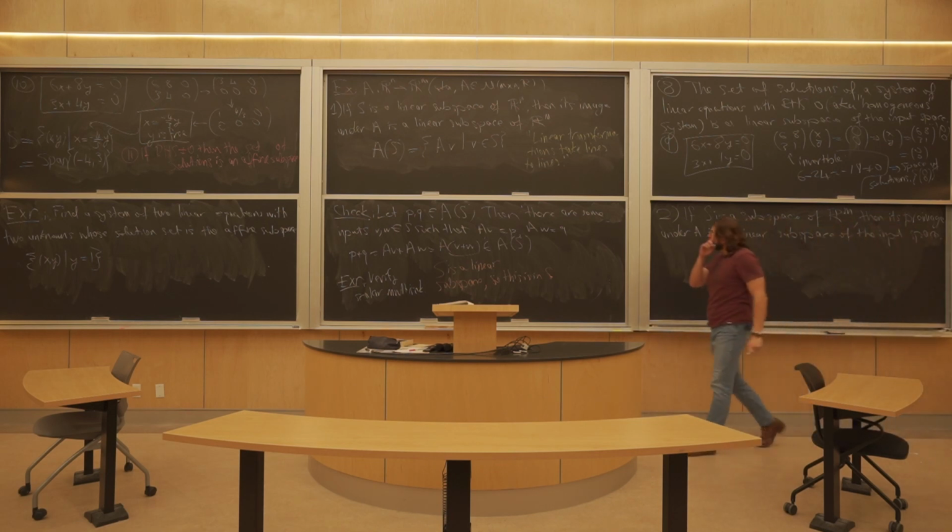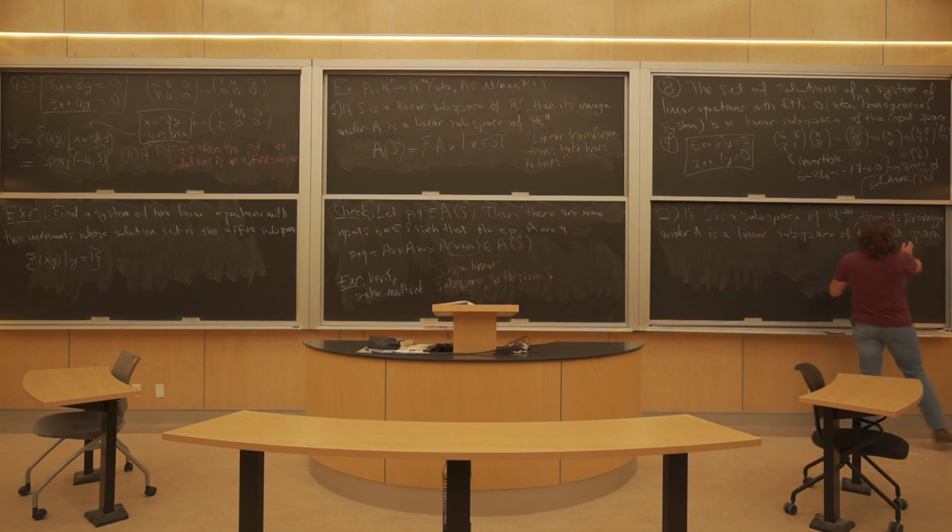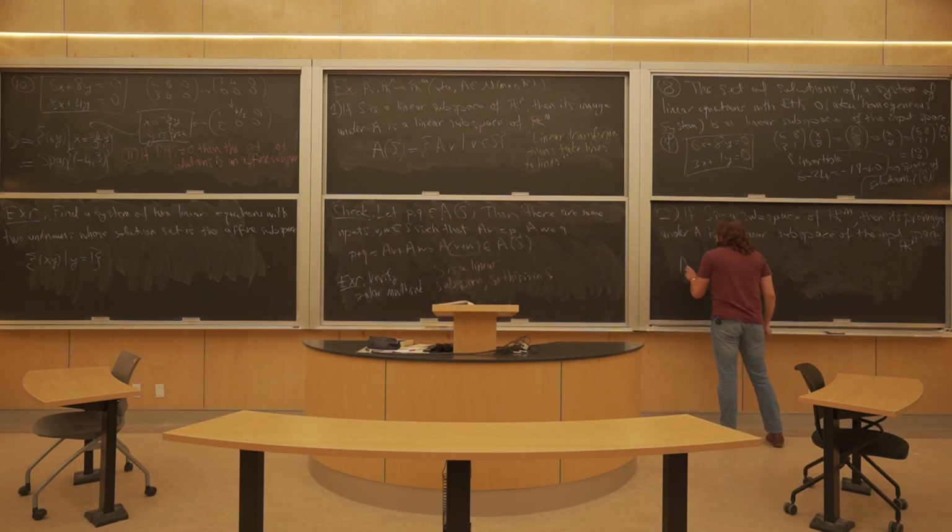And instead of output space, input space is Rn. Instead of A of S, now you write A to the minus 1. This doesn't mean that A is invertible. You just say that you're going backwards. Okay?